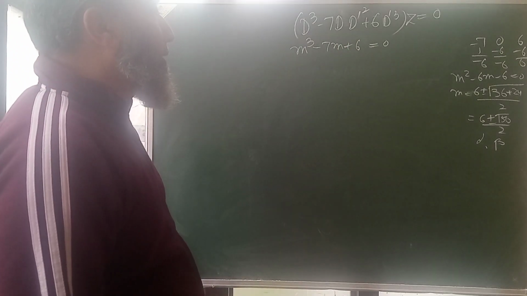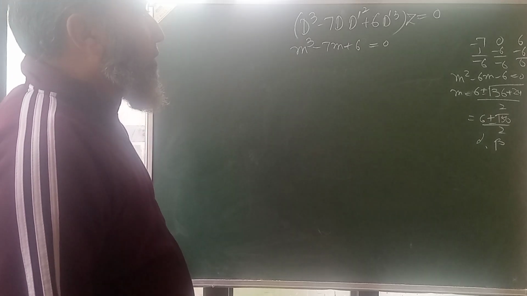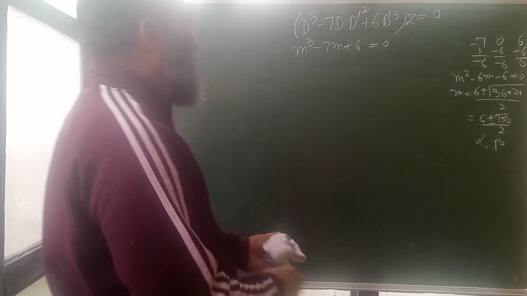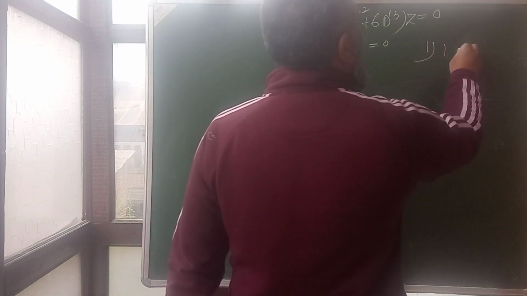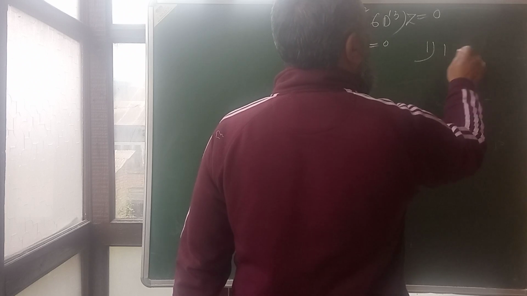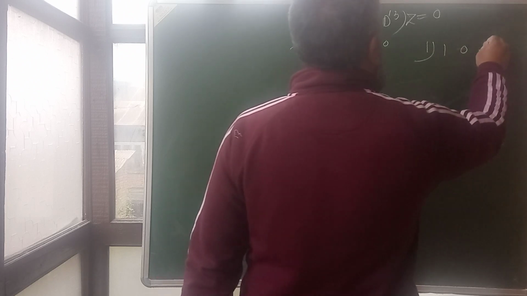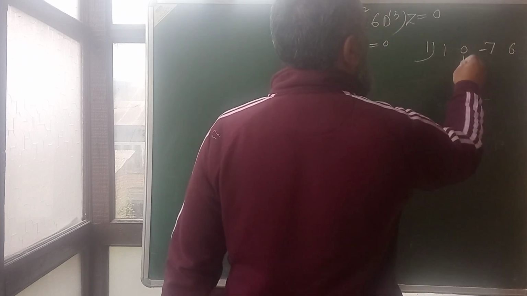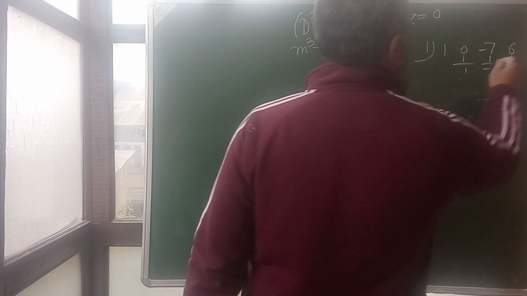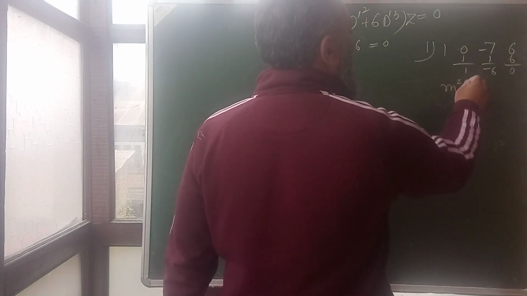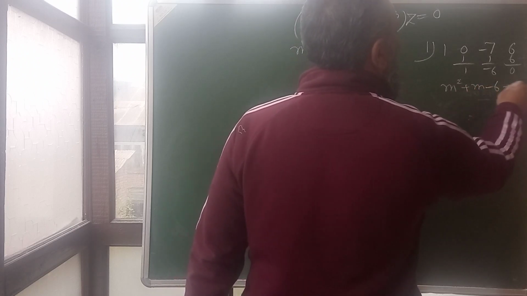Again 1 satisfies it. 1 minus 7 plus 6 is 0. The remaining equation would be m² + m - 6 equal to 0.